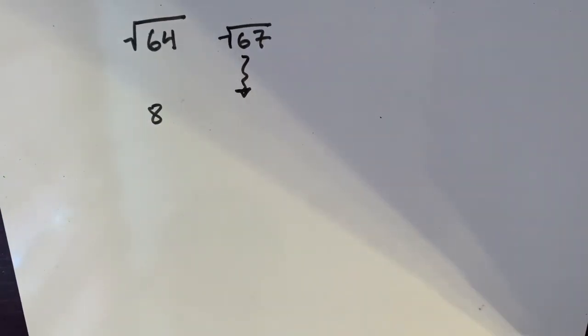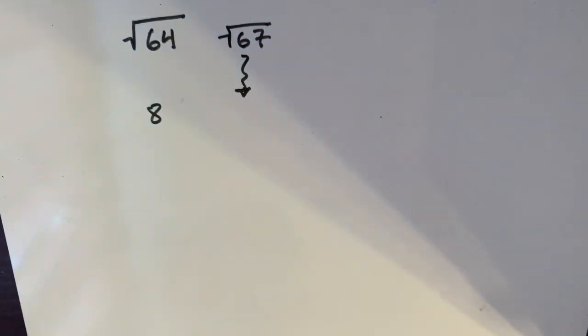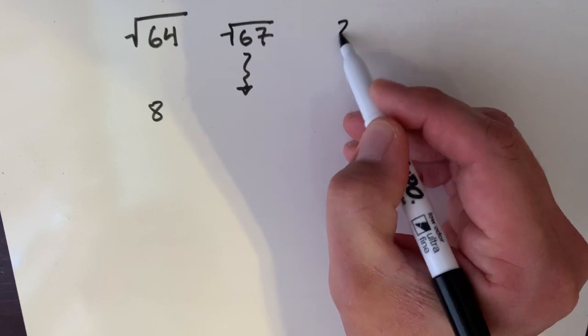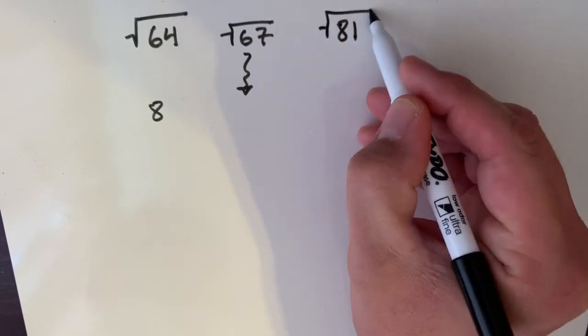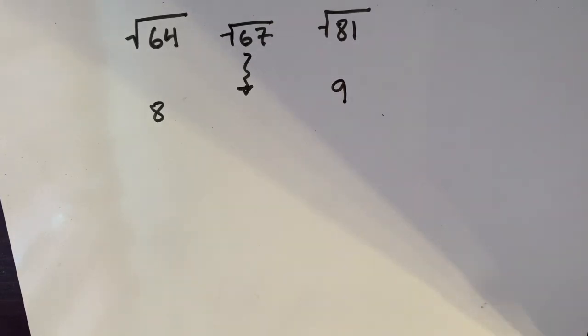I also know that the next perfect square after 67 has to be 81. So if I square root 81, I'm going to get 9, which means that the square root of 67 has to be somewhere between 8 and 9.